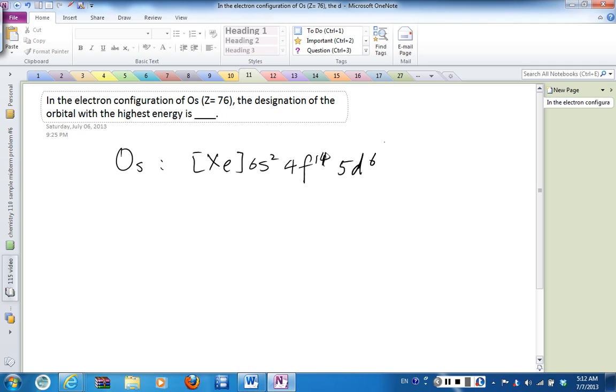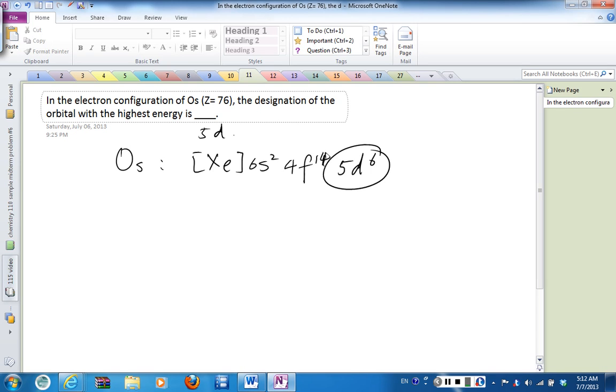So after you write the electron configuration, you realize that the orbital with the highest energy, the one that's filled up the last, is 5d.